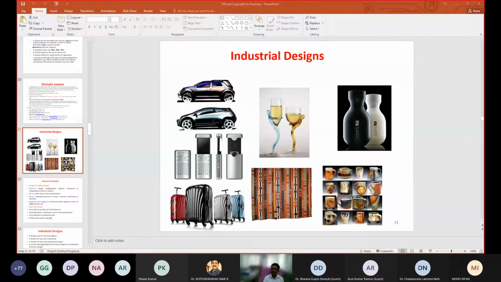For example, for patent protection there should be novelty, an inventive step, and also industrial application. For industrial design, there is novelty, newness, and it should also be original. So new and original are the two basic requirements for getting industrial design protection. That is what is clearly written there, and that is what we have adopted in our law.